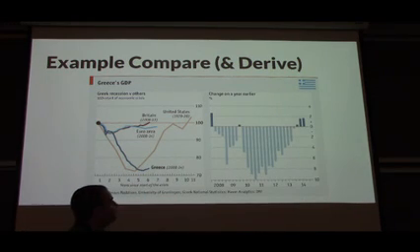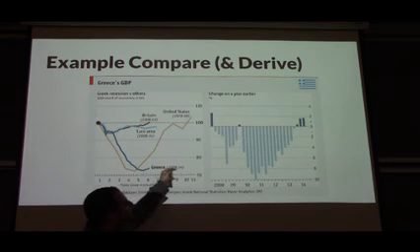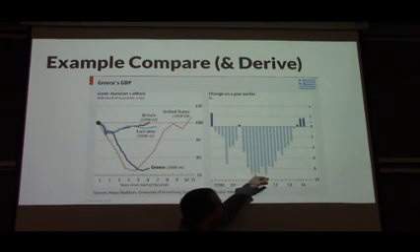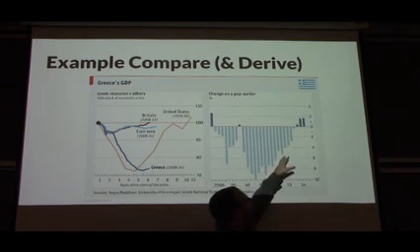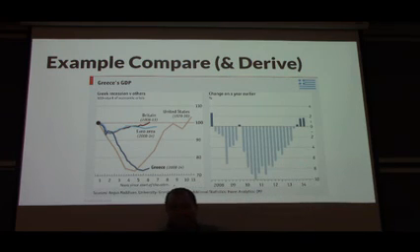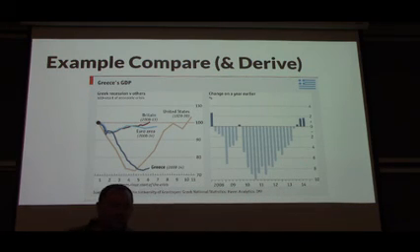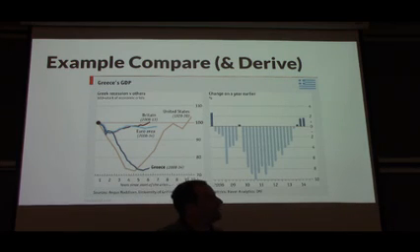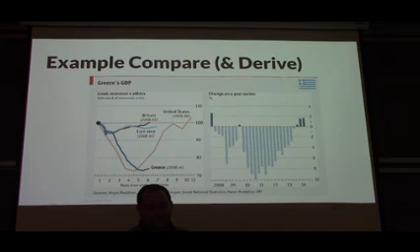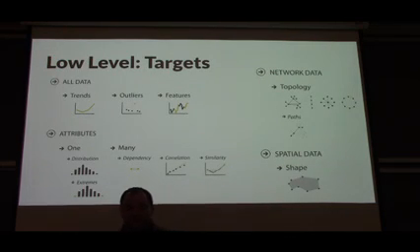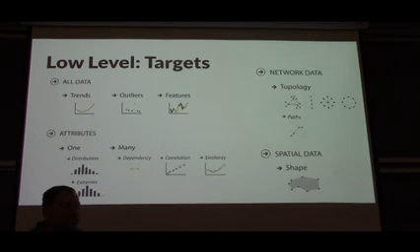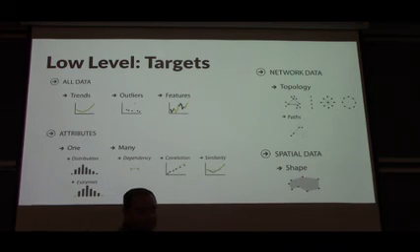So here we essentially see that in Greece the change was consistently getting worse and worse and worse, and they still lost economic power, but then finally around year 14 there was a little bit of growth again. So this is an example where we have a comparison task and where we have a derivation task built in. On the lowest level we have various targets. We can try to identify trends, outliers, or specific features.